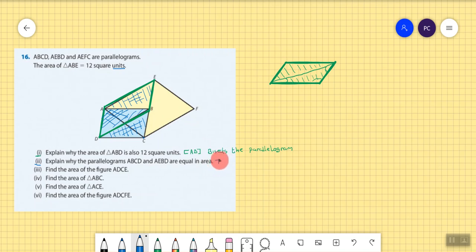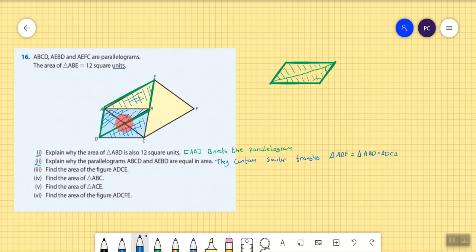So you can say that the triangle ABE is equal to the triangle ABD, which is equal to the area of the triangle BCD. Sorry, DCB.